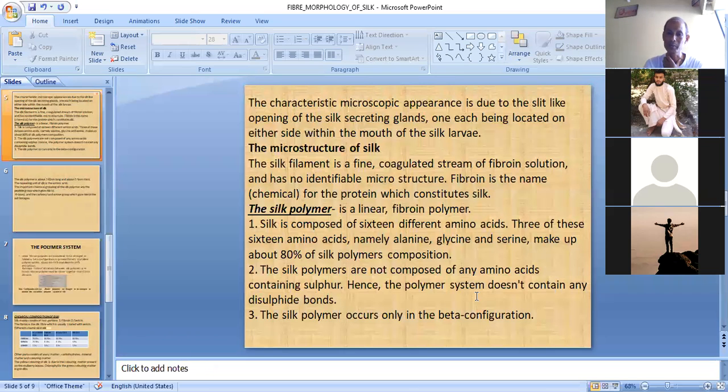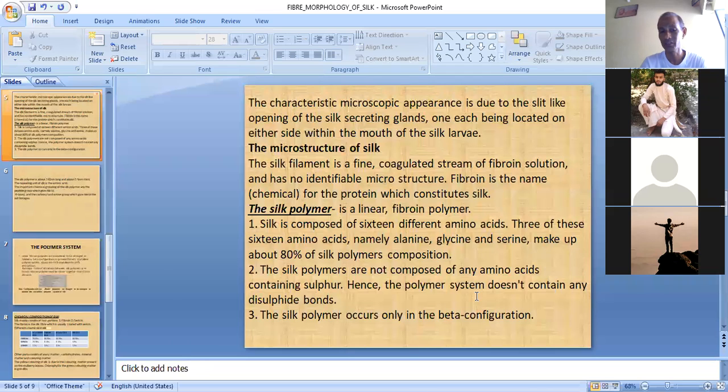Wool contains amino acids which have sulfur content, but in silk, no amino acid is found which has sulfur content. Hence, the polymer system doesn't contain any disulfide bonds. और इसीलिए इसके अंदर कोई disulfide bond या covalent bonds नहीं होते हैं जो कि wool में होते हैं.